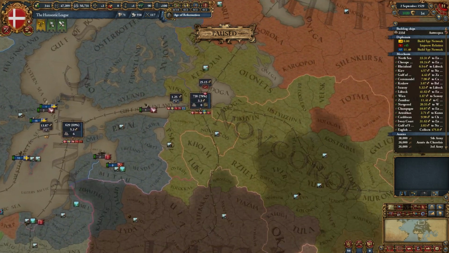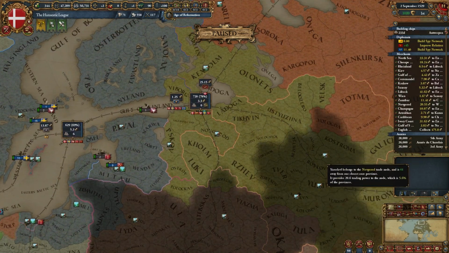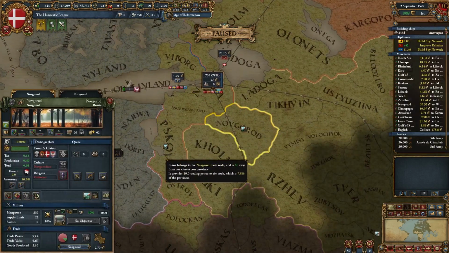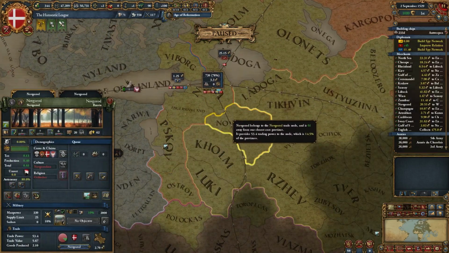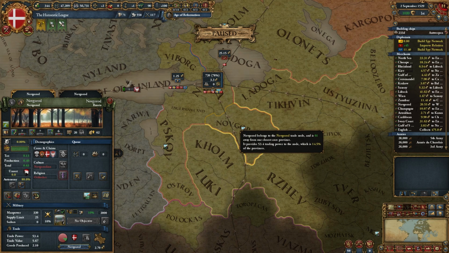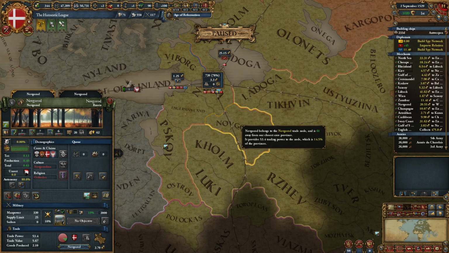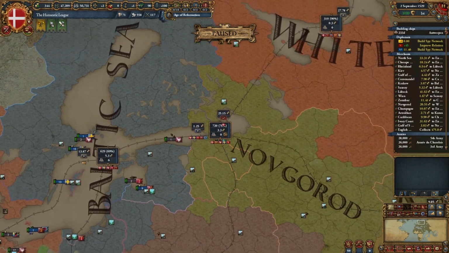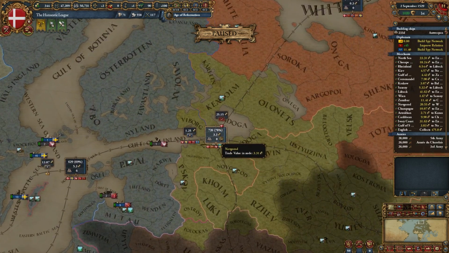And even though Muscovy still owns those 3 trade centers in Novgorod, I own those 3 trade centers, and as I'm a merchant republic, those trade centers of mine are way more valuable than the ones they have, which means that I have almost 80% in Novgorod.